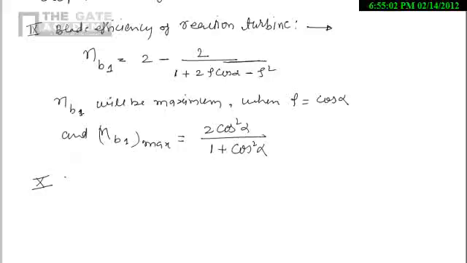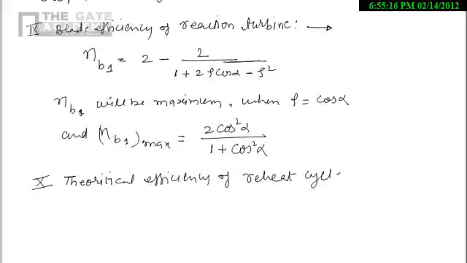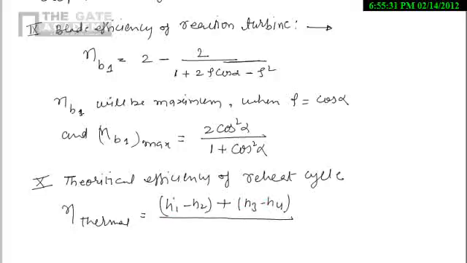It is given by eta thermal equals (H1 minus H2 plus H3 minus H4) divided by the heat supplied, because efficiency is nothing but work done divided by heat input.